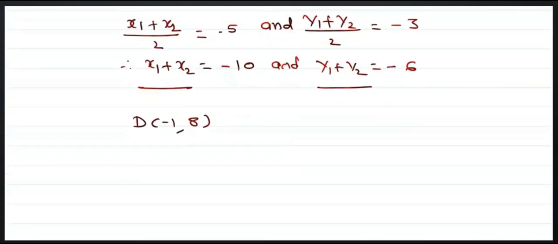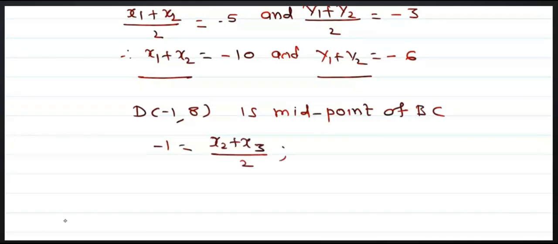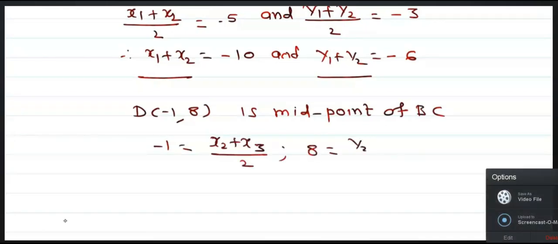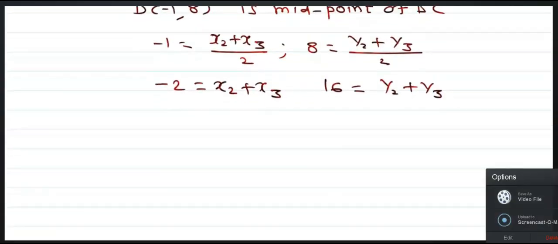Therefore, this is the first. About the D, (minus 1, 8) is the midpoint of BC. Therefore, minus 1 is equal to (x2 plus x3) upon 2, 8 is equal to (y2 plus y3) upon 2. Therefore, x2 plus x3 is equal to minus 2, y2 plus y3 is equal to 16.